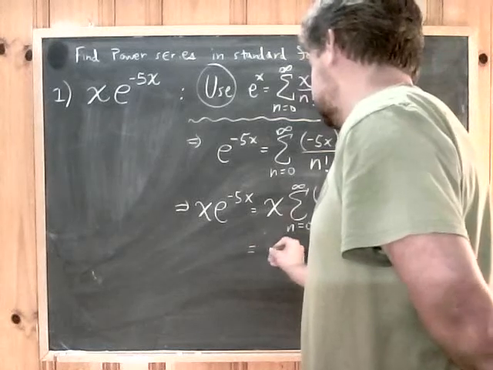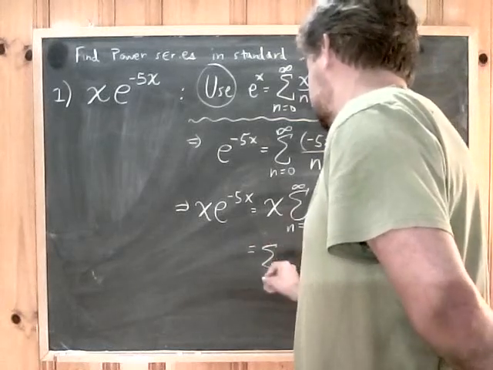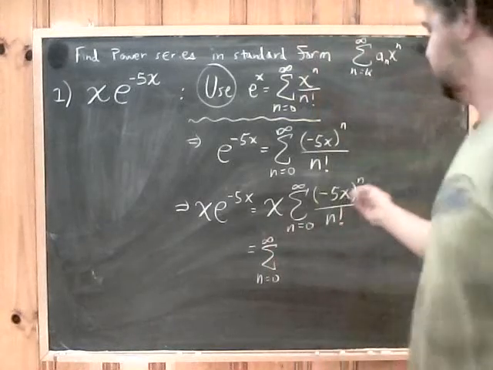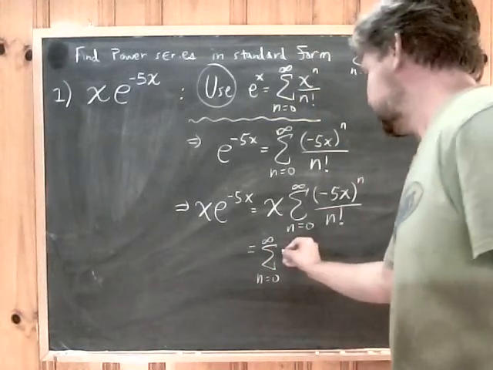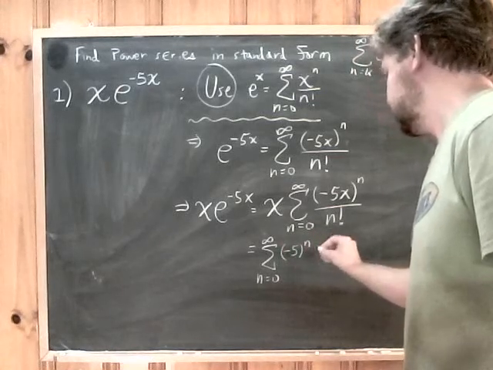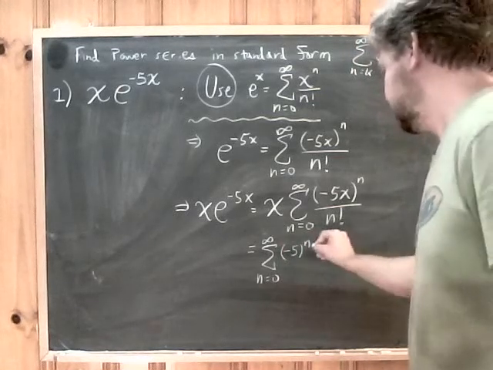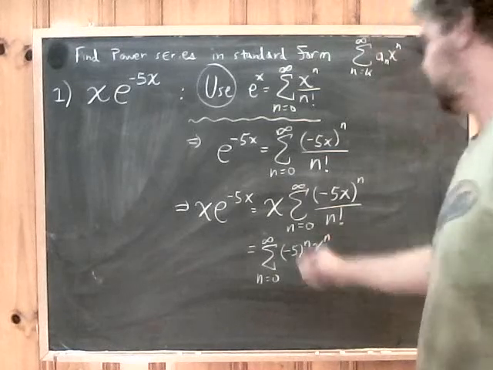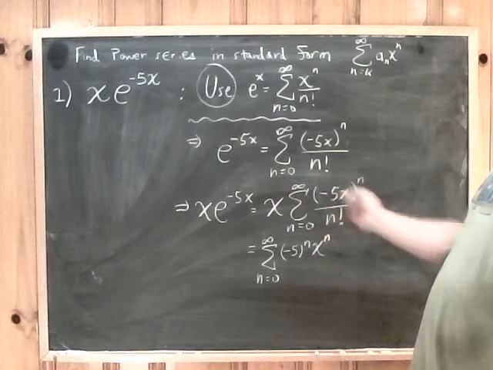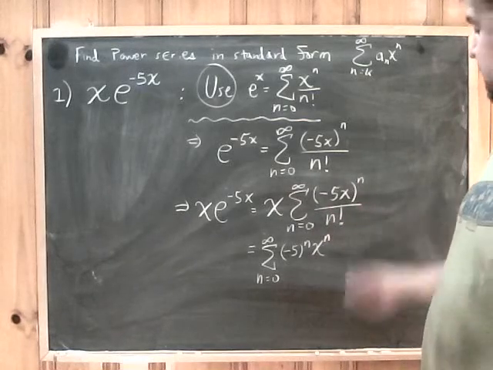Let's see. So distributing, I have n equals 0 to infinity. And I'll go ahead and do the rules of exponents there. So I have negative 5 to the n, x to the n. Oh yeah, and I'm distributing this x inside. You can write it down either end because it's multiplication, commutative.